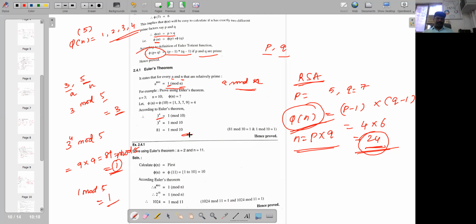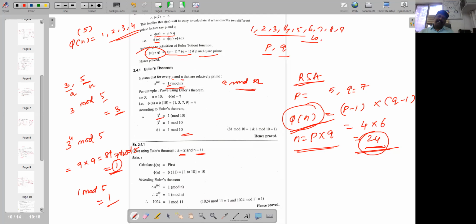Okay, now I will explain with another example. Suppose my a value is equal to 2 and n value is equal to 11. What is the phi of n value for this? 11 is a prime number and its relatively prime numbers are 1, 2, 3, 4, 5, 6, 7, and so on, all the numbers are relatively prime.